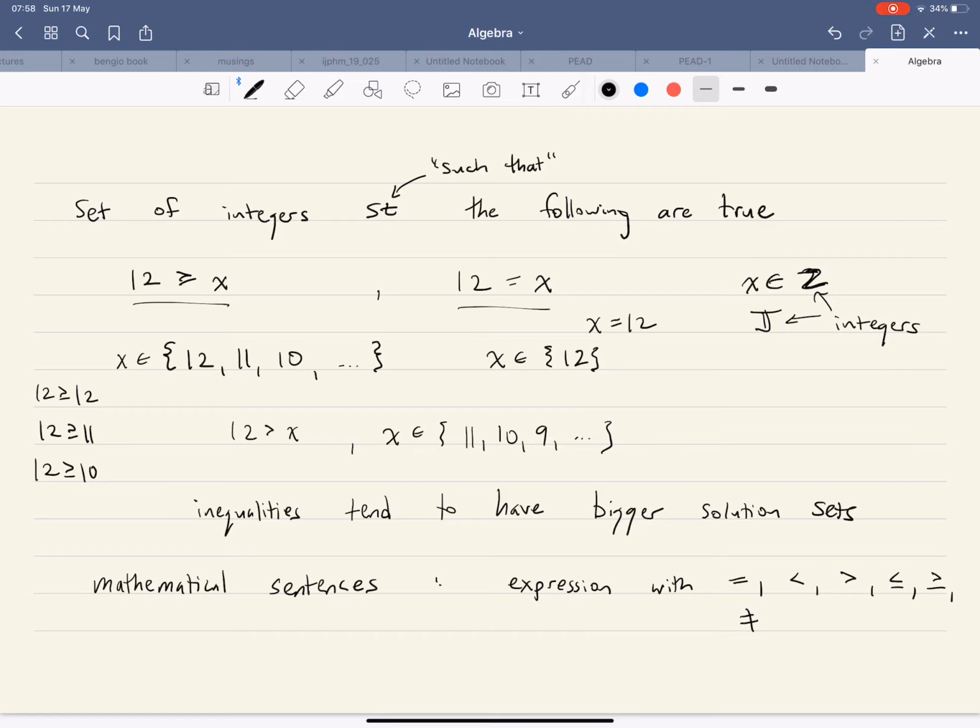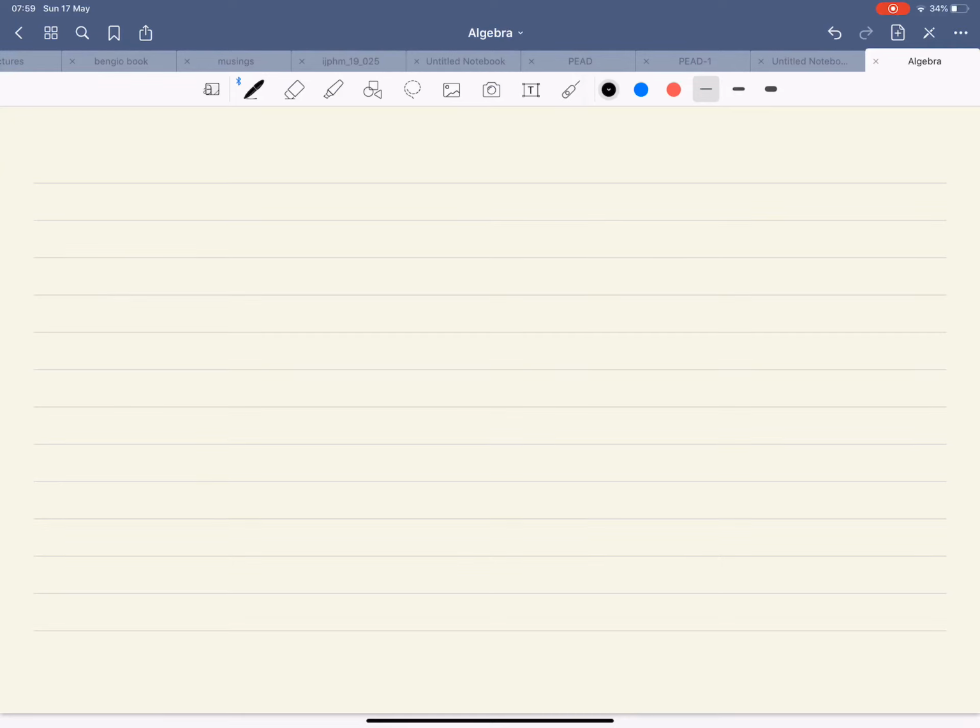That kind of makes sense because when we read these expressions, it kind of comes out like a sentence, right? 12 is greater than or equal to x could be written as the sentence 12 is greater than or equal to x, right?